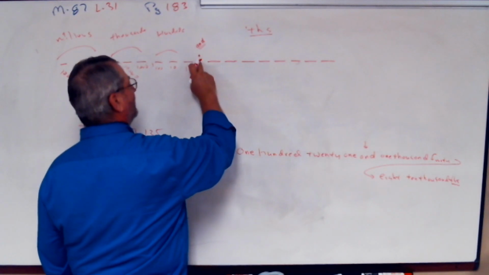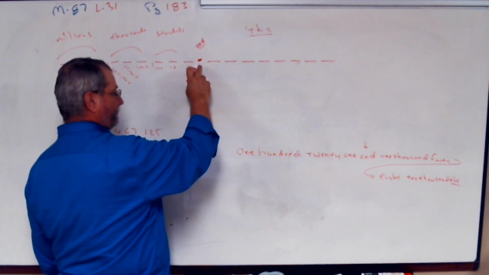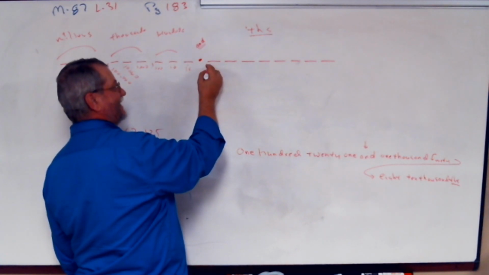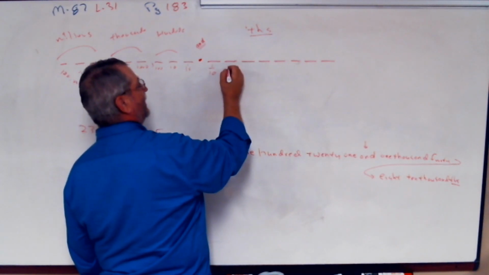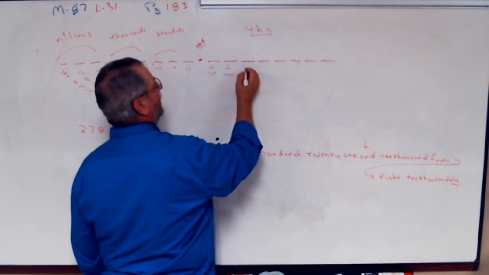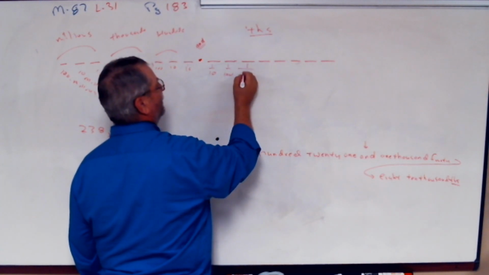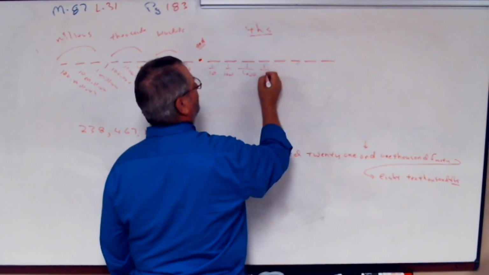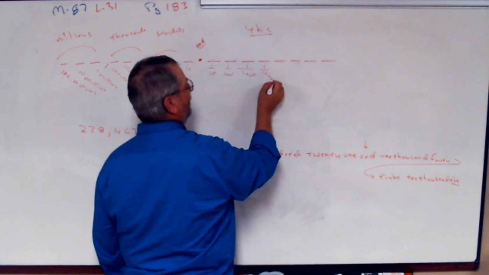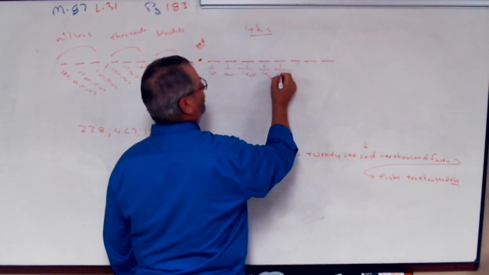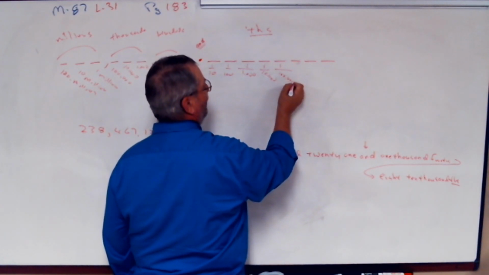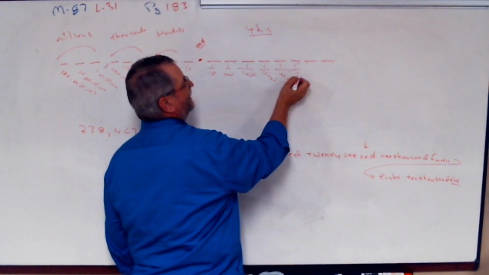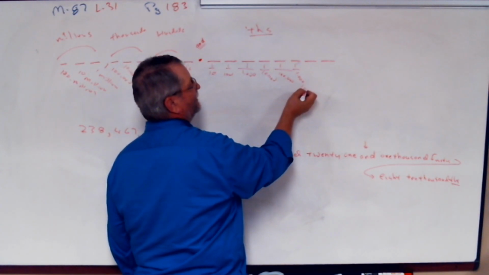Now, "and" is right here, the decimal. Okay? This place is not the oneths. This is the tenths. And then it comes over to the hundredths, and then the thousandths, and then the 10,000ths. And this one here is the 100,000ths. This one here is the millionths. 1, 2, 3, 1, 2, 3.